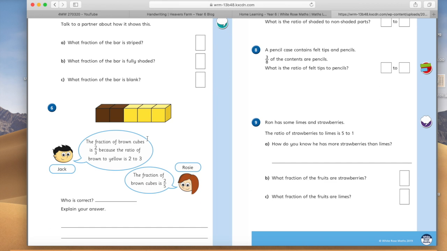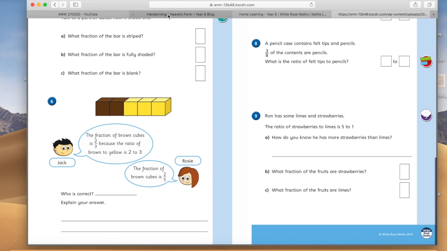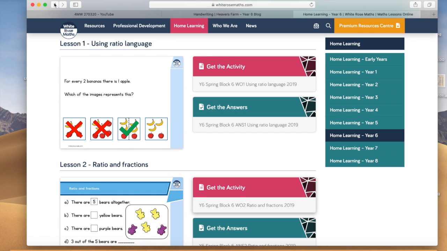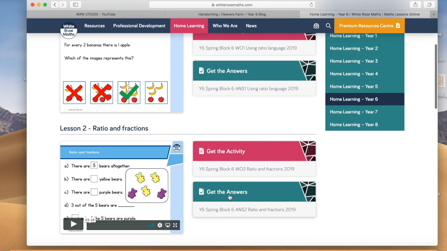It's one of those questions that we would get in SATs papers, where you have to prove whether somebody is wrong or right, or who do you agree with, and give reasons for your answer. My guess is one of them will have made the classic mistake that I talked about in my video before. Anyway, have a little go at that, and once again, try your very best not to look at the answers before you do, but have a go first.